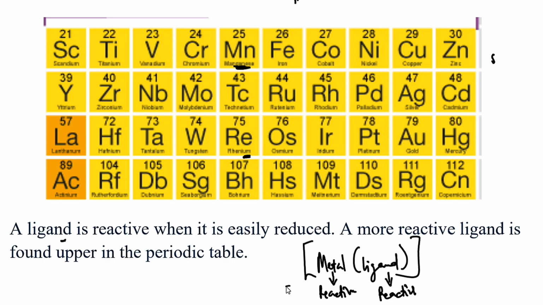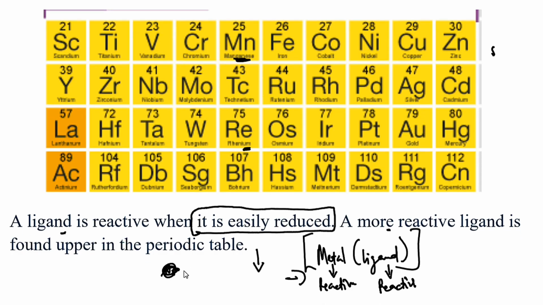A reactive metal is easily oxidized, right, and is found down the group. A ligand is reactive when it is easily reduced. A more reactive ligand is found higher in the periodic table. In most cases, ligands are non-metals, right?